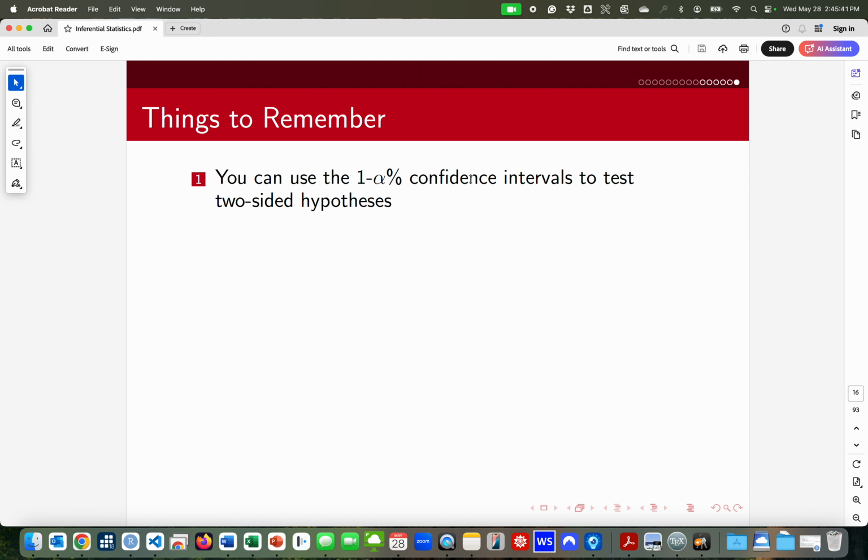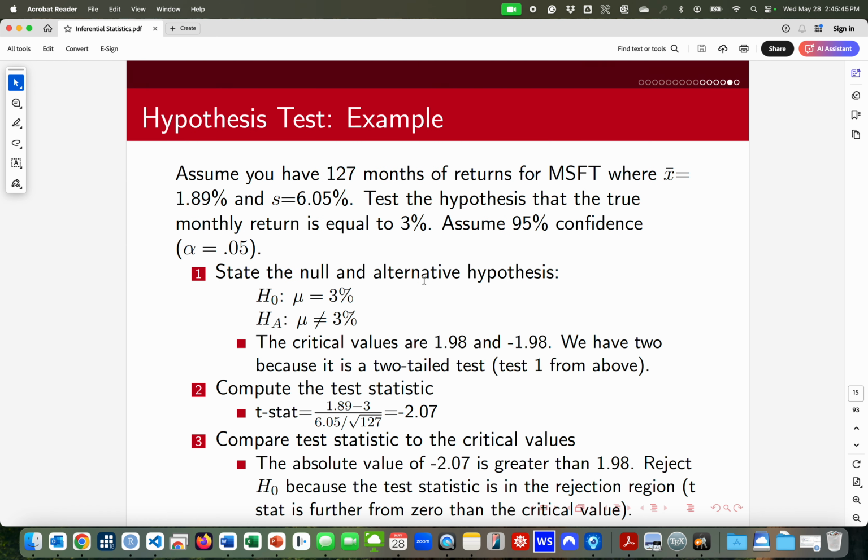You can use a confidence interval to test the two-sided hypothesis. So we could have tested this hypothesis using a confidence interval. Let me show you just real quick how you would do that. I'm going to use the little tool that I built for confidence intervals.